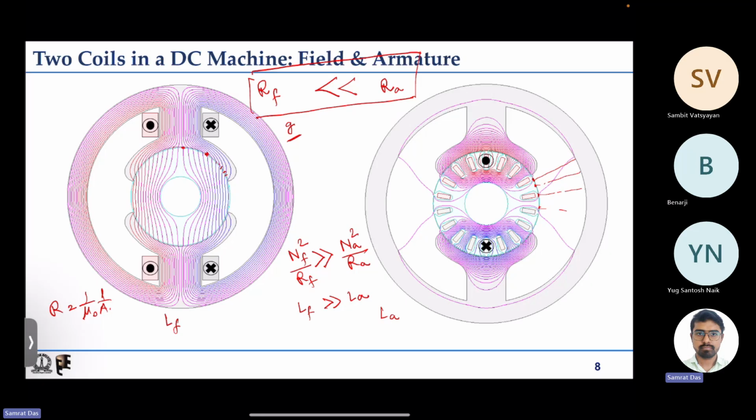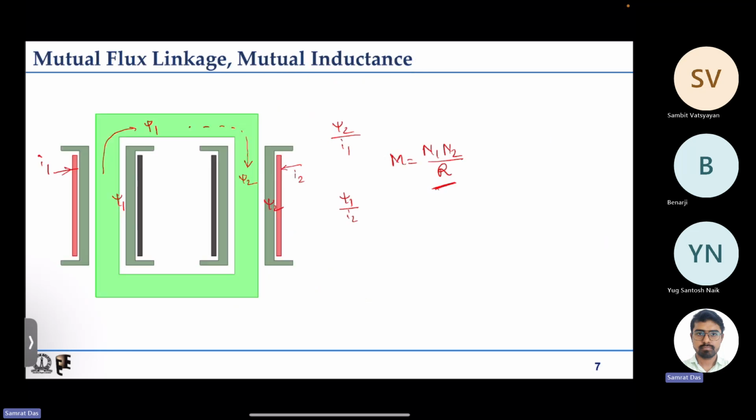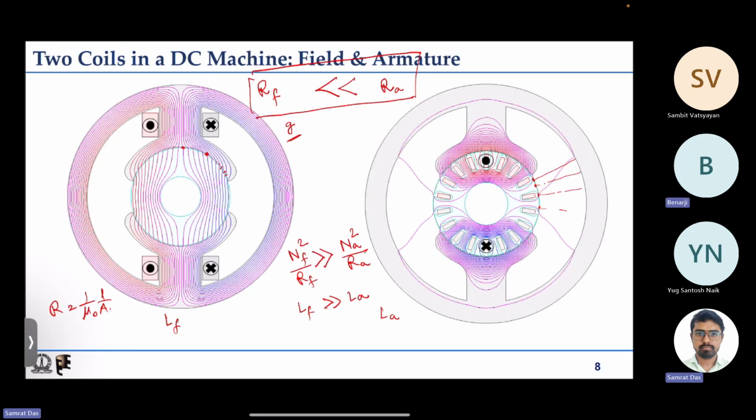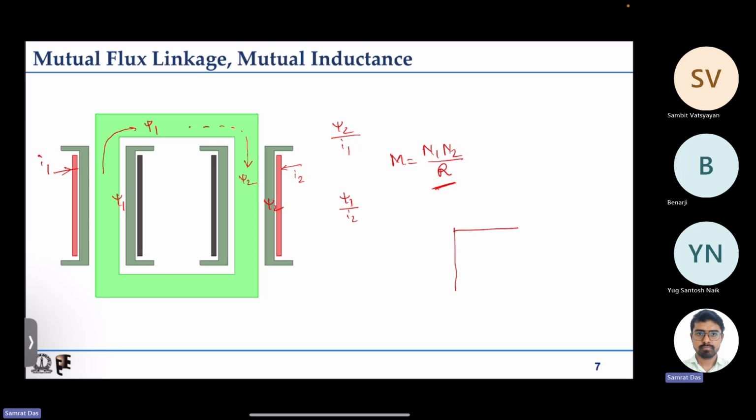Okay, because the iron part relative permeability is quite high, it does not contribute to the overall reluctance of the magnetic circuit. If you do some simple math, say we have an E core like this, you must have done these calculations in your basic electrical engineering also.